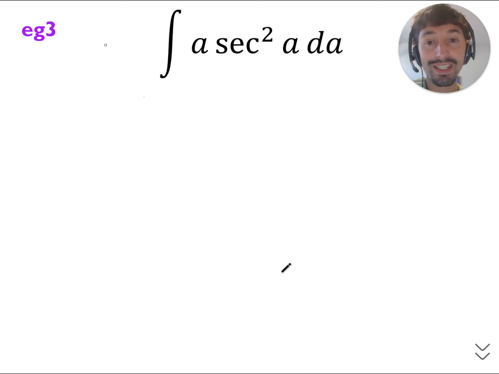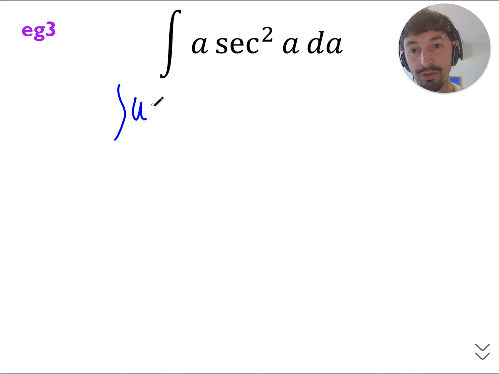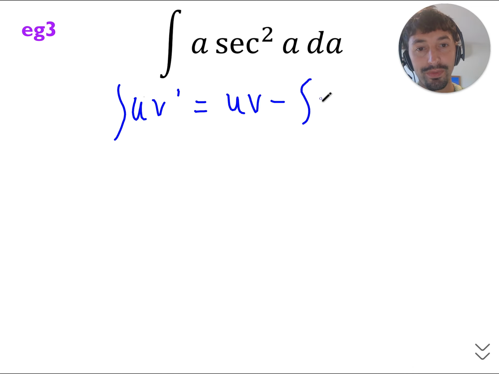Okay, example 3. We're going to integrate a multiplied by sec squared a with respect to a. So let's again remind ourselves: uv dash is equal to uv minus the integral of v u dash. Again, we're going to choose the variable that's going to simplify nicely when we differentiate it.